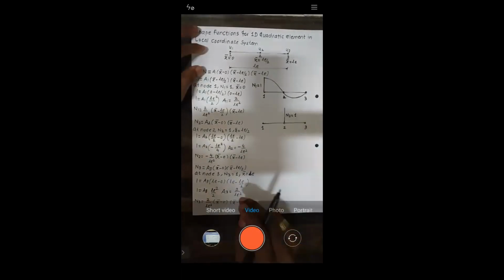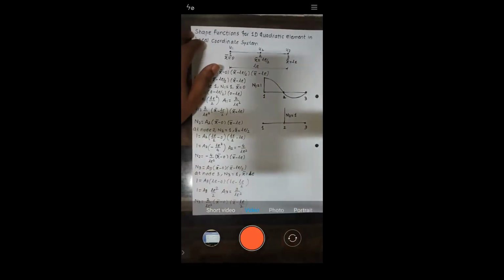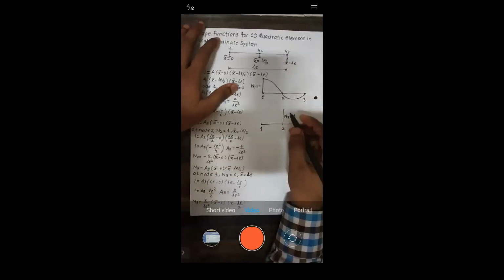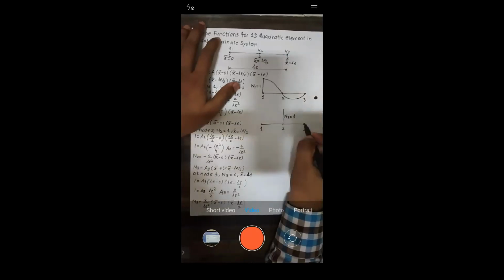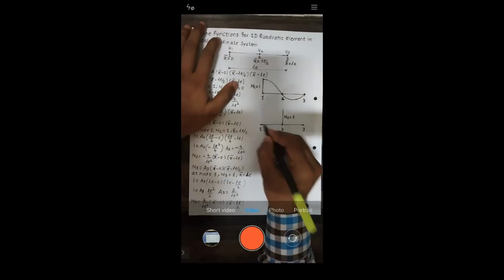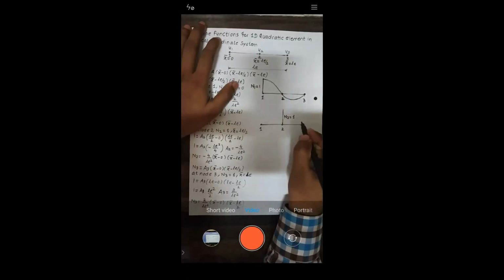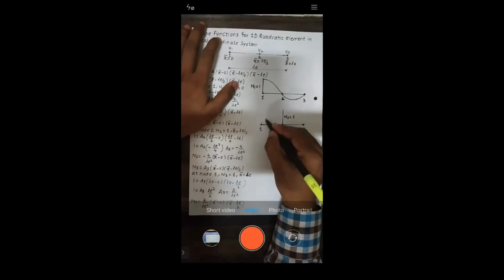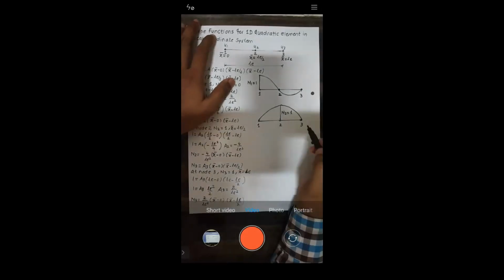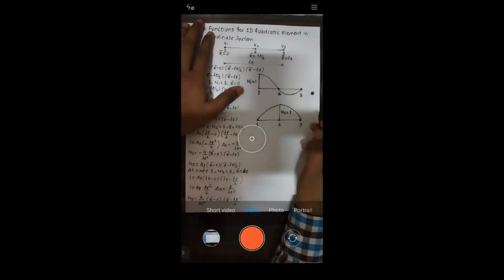Right, you'll get some graph like a semicircle. N2 is equal to 1 at node 2, and what about all other nodes? It is 0, yes or no? So here you will have a graph like this, with 0 value here. Is it okay? Yes, sir. This is for node 2.